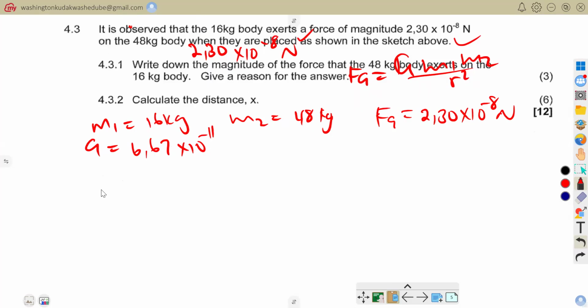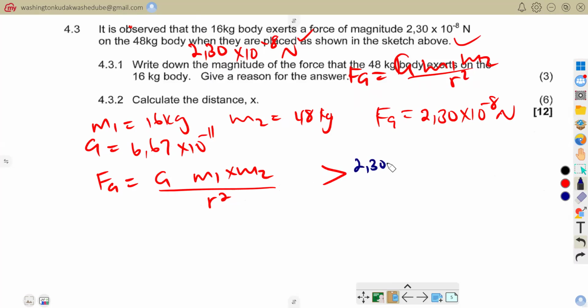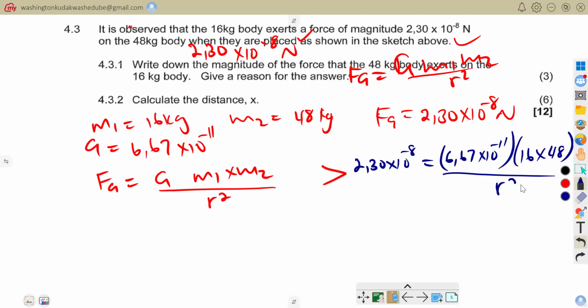So by using Fg equals G M1 times M2 all over R squared, we can say 2.30 times 10 to the power negative 8 is equal to 6.67 times 10 to the power negative 11 times 16 times 48, all divided by R squared.